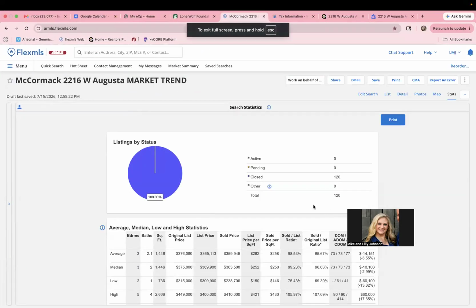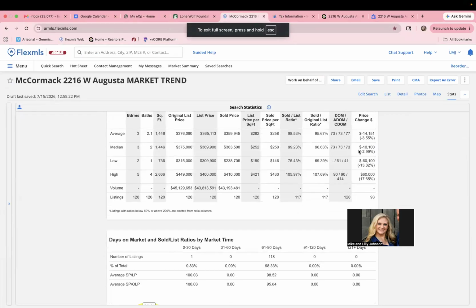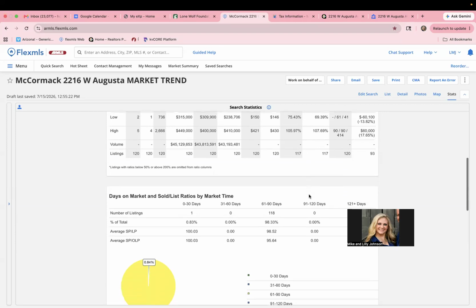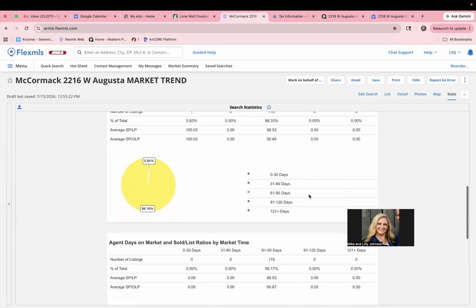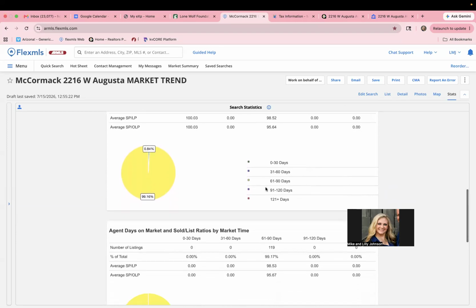And let's see. Here we have the average is 14,151. On top of the other ones, a total of 93 lowered their price. Okay. Within that time period, which was on top of the other one.